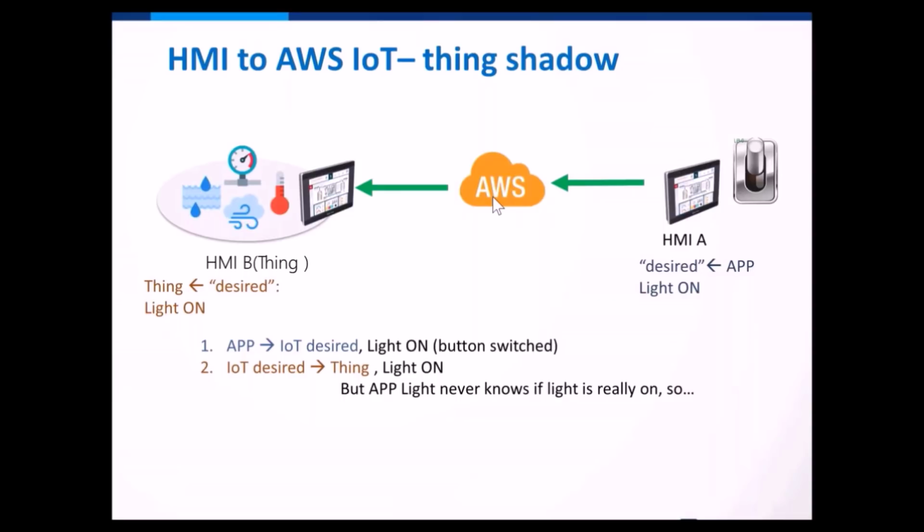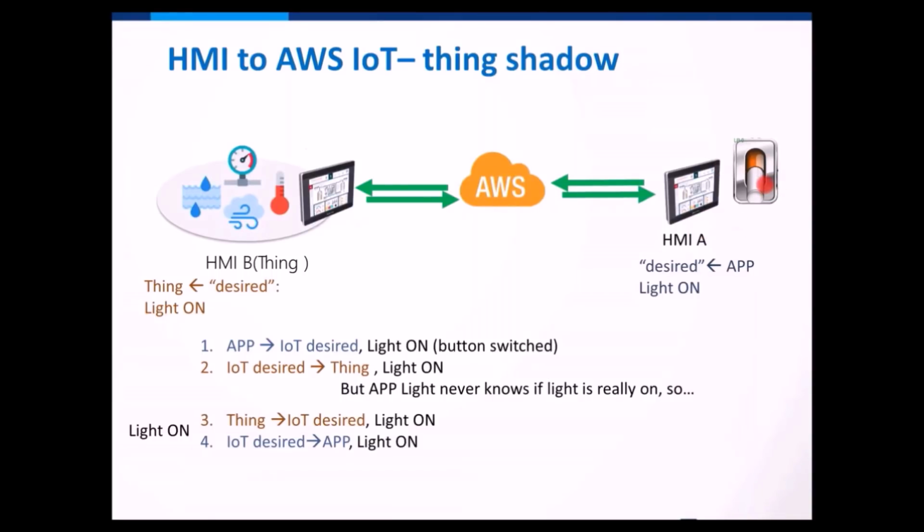If we have it as desired, then when the light actually goes on, it will report back and revert to HMI A, telling it it's already on. So the toggle switch will eventually come on, and this makes more sense when we have this kind of situation.